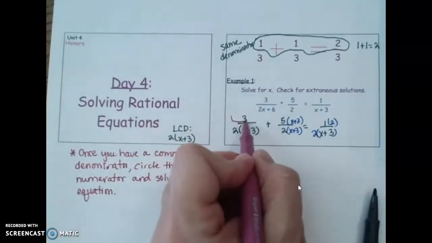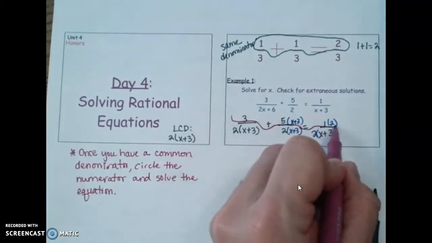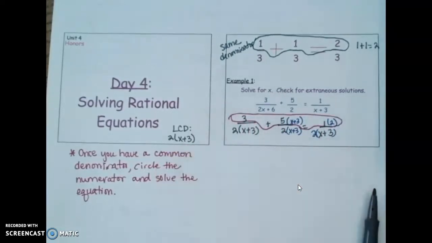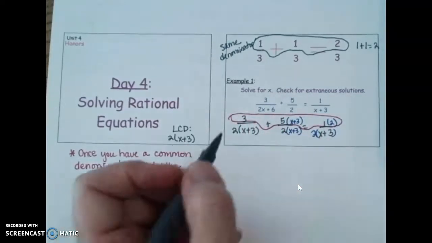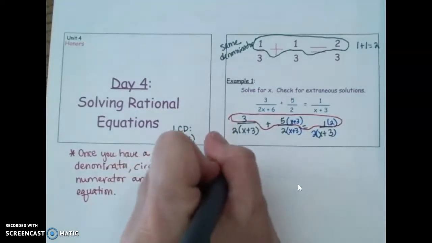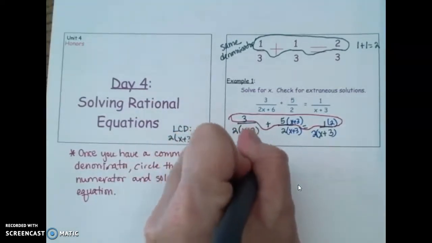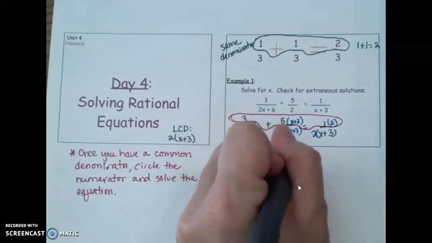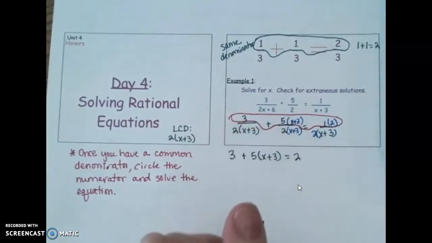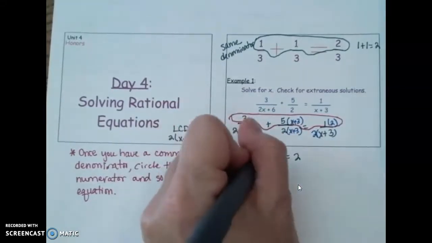So we do have a common denominator. I'm going to circle the numerators now, and that's going to create my equation that I'm going to solve. So across the top I have 3 plus 5 times x plus 3 equals 1 times 2 is 2.